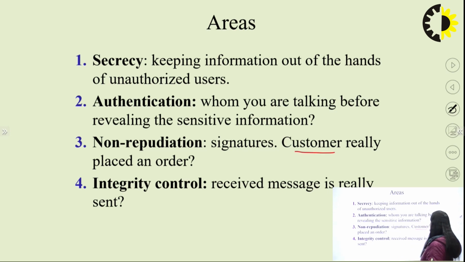Say, did the customer really place an order, or was someone else there who placed an order on behalf of that ex-customer, right? Then integrity control: is the received message really what was sent, or is there an integrity breach?